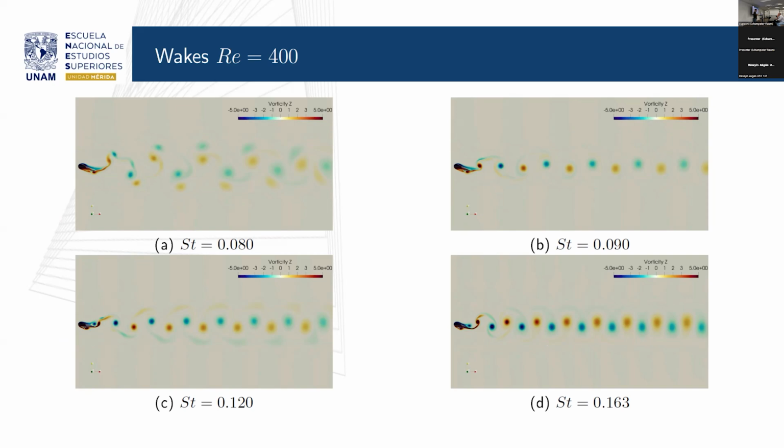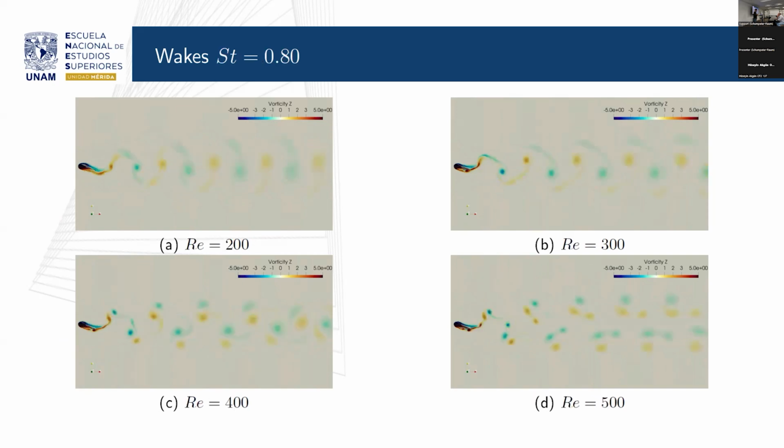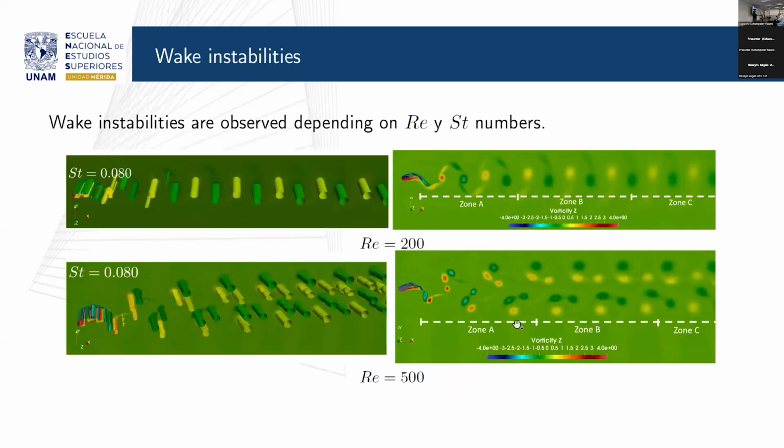So that's part of the study that is being carried out now. So for a constant Strouhal number, if you increase the Reynolds number, well, you can have, for example, in this case for Reynolds 500, 2 triads of vortex per oscillation cycle. Okay, so this has a 3D structure at some point.